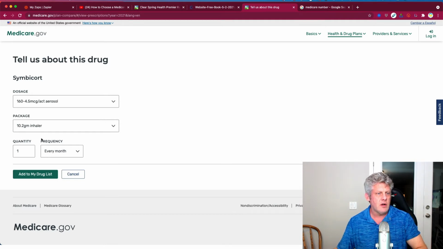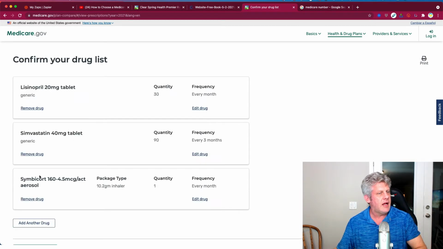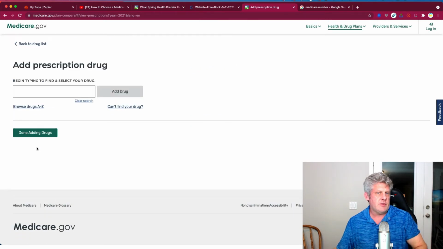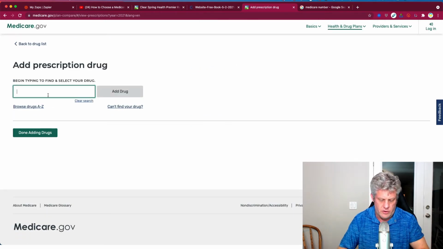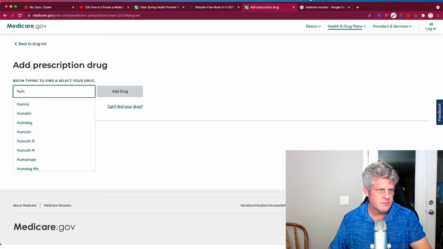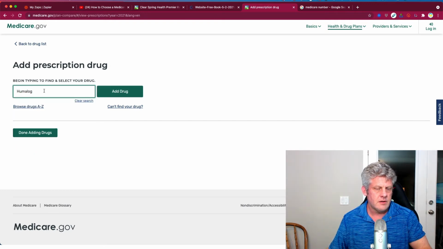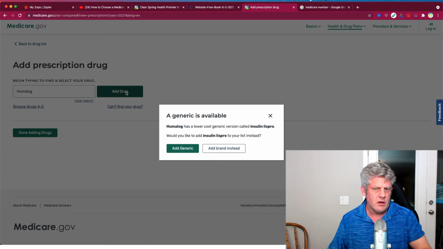And the last drug we're going to add is, let's pretend you have insulin. You're on Humalog. So Humalog has a lower cost generic called insulin lispro.